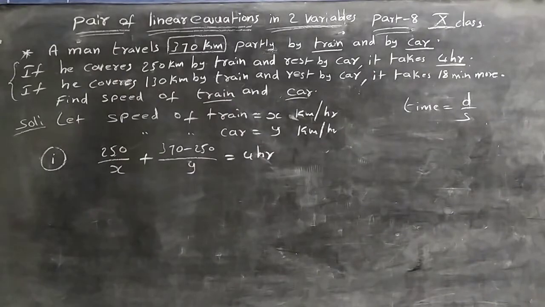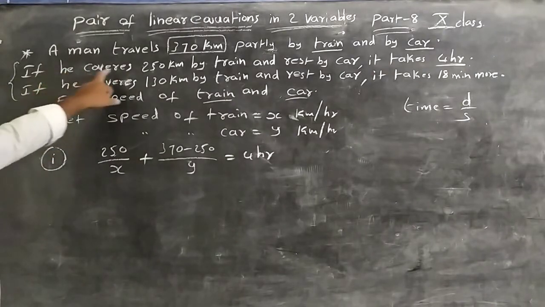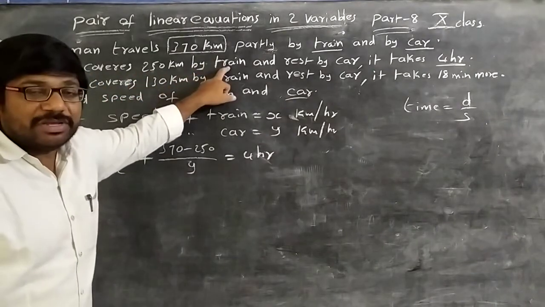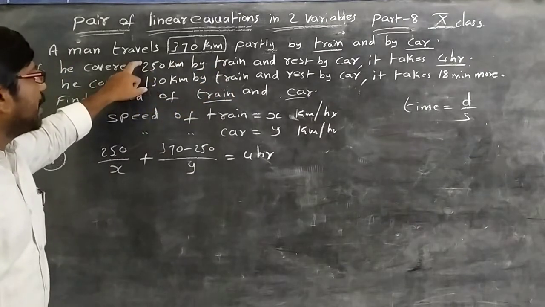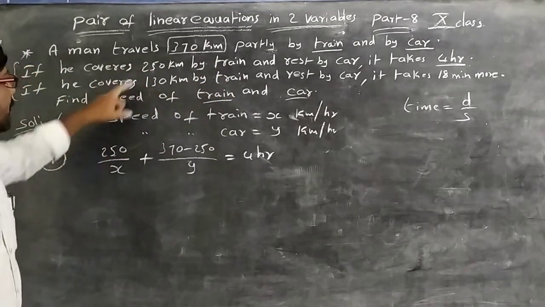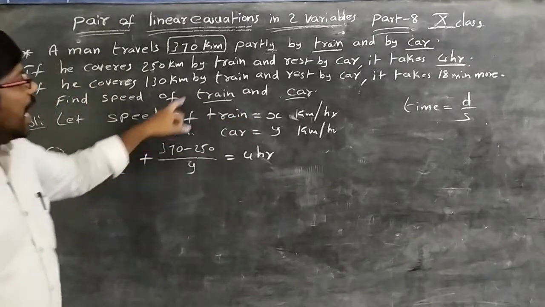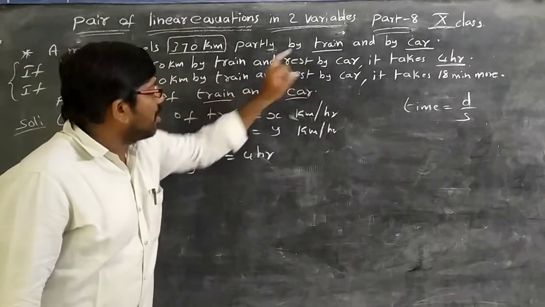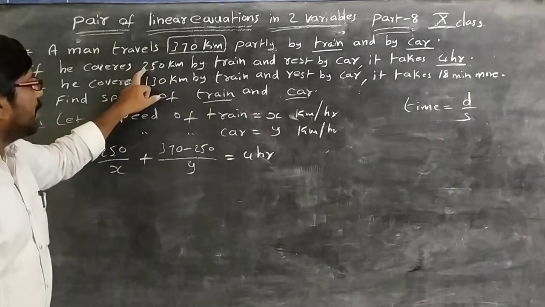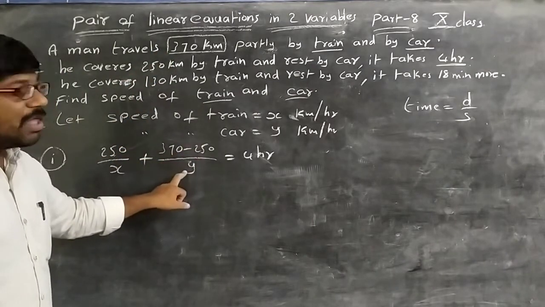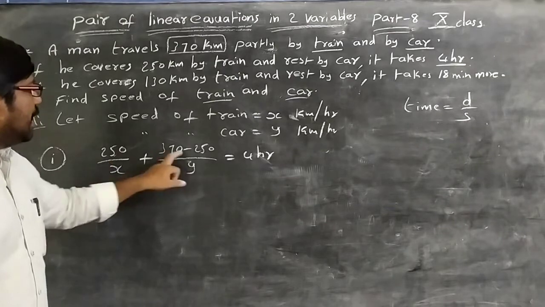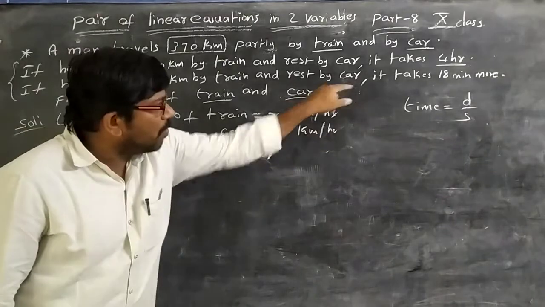Once again, listen. He covers 250 kilometers by train. Then time is distance by speed: 250 by the speed of train x, plus the rest by car, the rest meaning 370 minus 250, by car speed y. The total time is 4 hours.